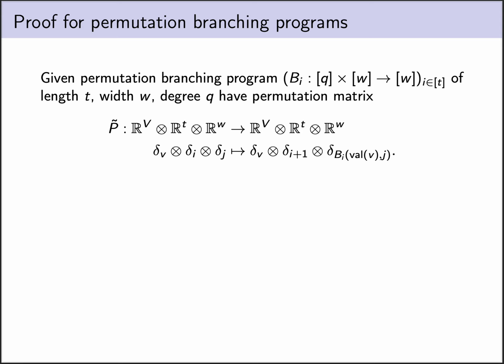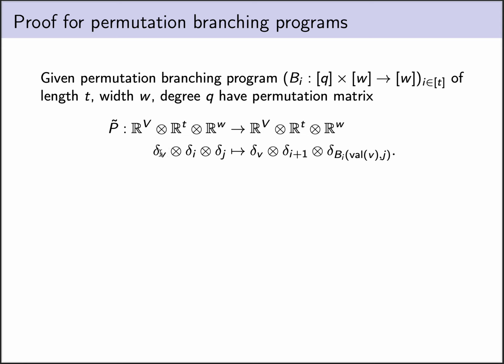So the first step, which is the first step for many of our results in this paper, is to express the function we want to compute, which here is this permutation branching program, with a linear algebraic expression. So we can encode this branching program into a permutation matrix that acts on this vector space, and it basically just performs a step of the program.